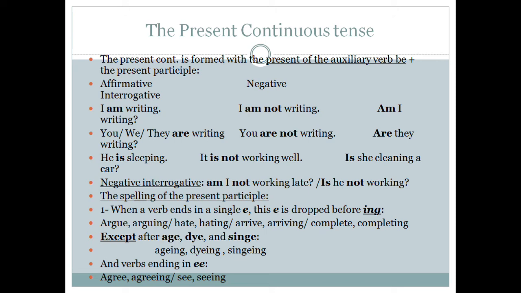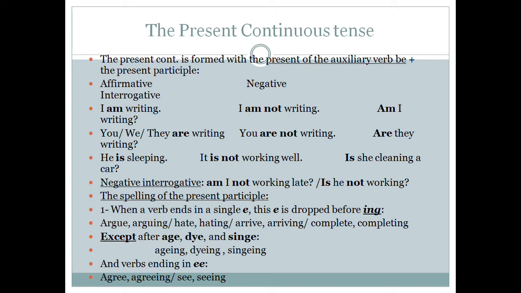Now, the spelling of the present participle. We have some rules referring to adding ing to the verbs. First rule: when a verb ends in a single E, only one E, this E is dropped before ing.